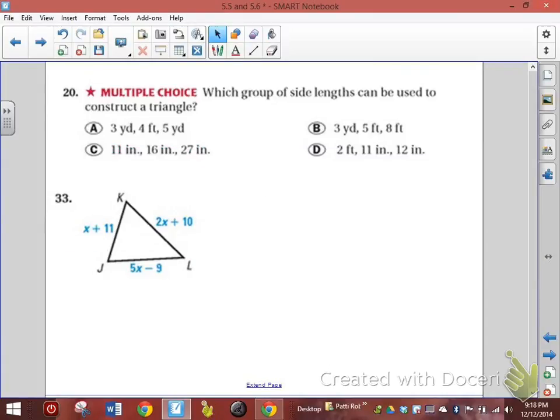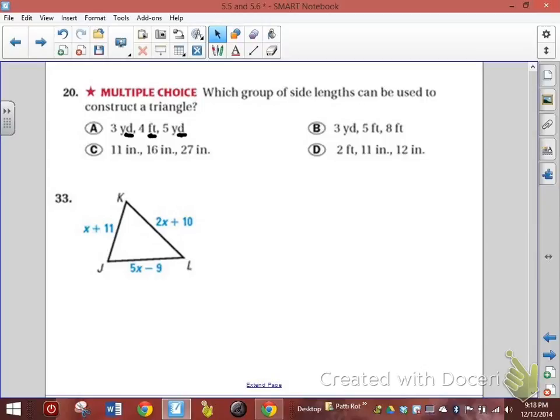Number 20 is multiple choice, and it's asking which group of side lengths can be used to construct a triangle. The idea again is when you add the 2 smaller ones, it's got to be bigger than the third. But they try to trick you on these, because if you look at choice A, see how they have yards, feet, and yards? You have to have them with the same label.